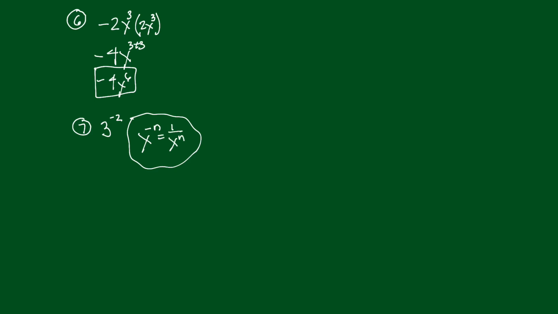So just change positions of the base. Now, in this case, the base is in the numerator, right? There's really a 1 here, 3 over 1. So just drop it down, change the position, and change the sign of the exponent. So what I'm going to get here now is 1 over 3 to the positive 2, which gives me 1 over 9.